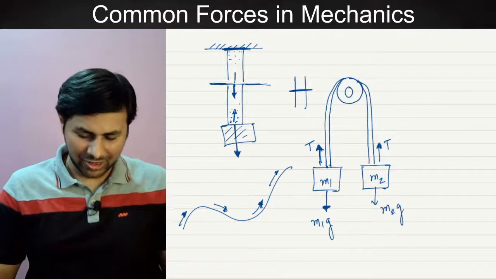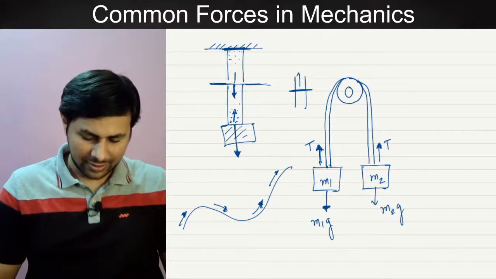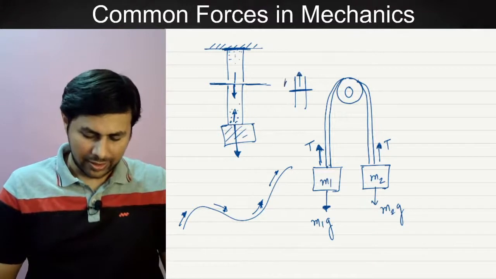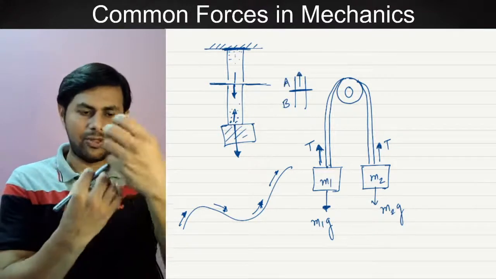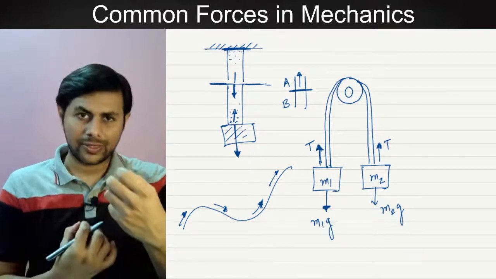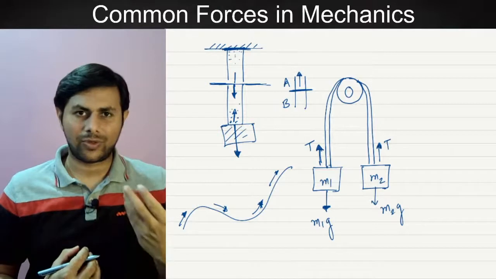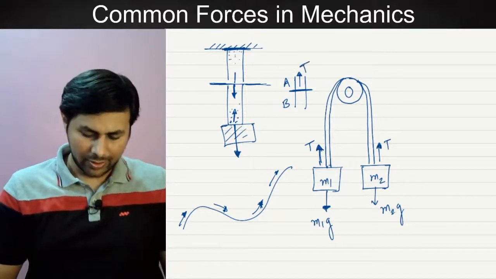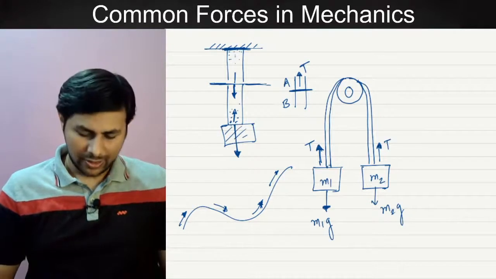The direction of tension will be like this. Let's call them part A and part B. Part B pulls part A downwards, and tension is always directed opposite to that of a pull. So tension in part A is directed upwards. But what about part B?